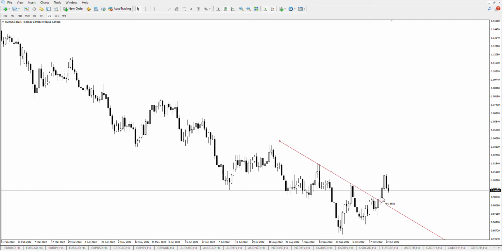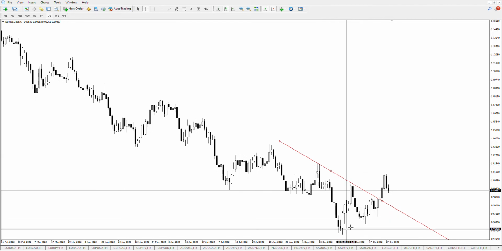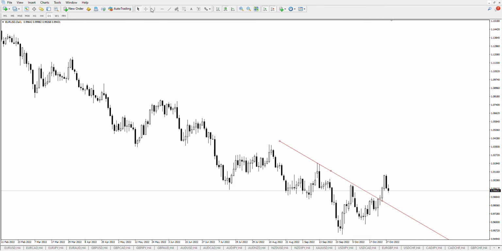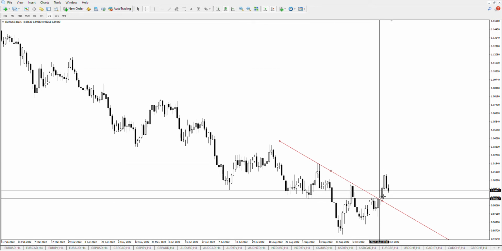So we expect here price to move how much to the upside. The lowest close is here on the daily, and we have here 479 pips. So we expect price to move from here 479 pips to the upside, to this level, 279 pips.